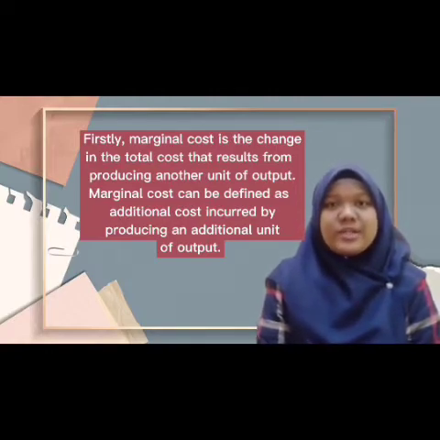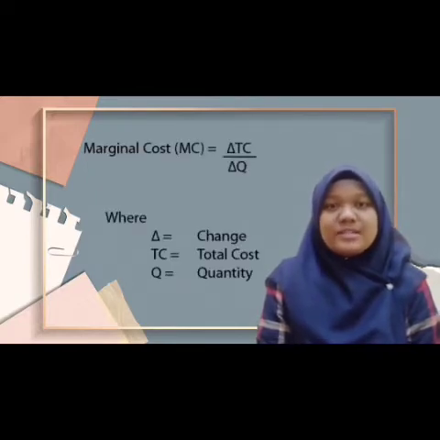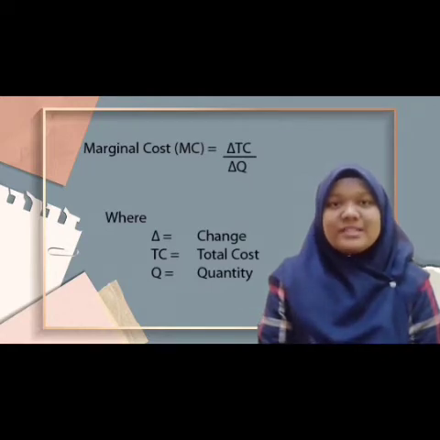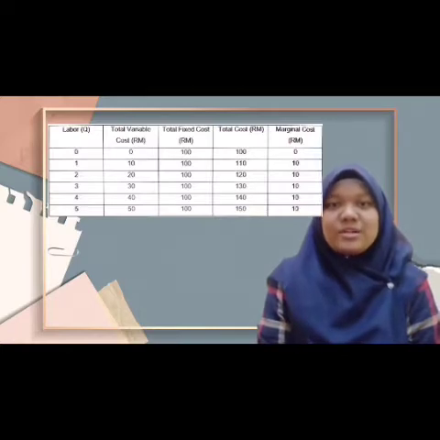Marginal cost can be defined as the additional cost incurred by producing an additional unit of output. So, to find the marginal cost, we need to calculate the change in total cost and divide it by the change in quantity or output.